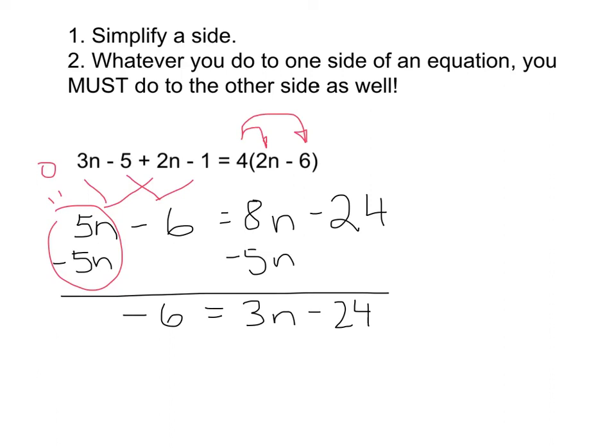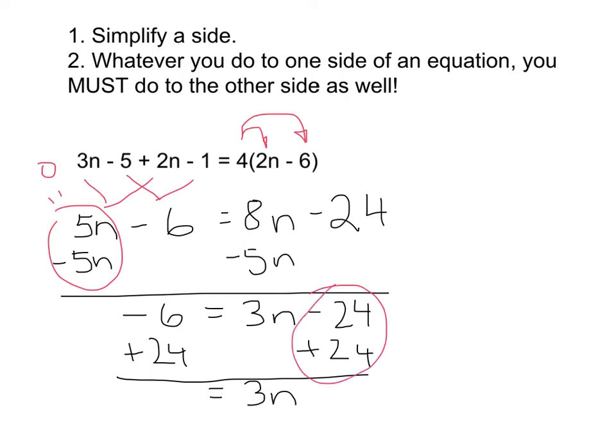In order to get rid of the 24, we can simply undo that operation, meaning add 24 to both sides. And that's going to get us 3n left on the right-hand side, because all of that is equal to 0. And on the left-hand side, -6 and a positive 24 is 18.